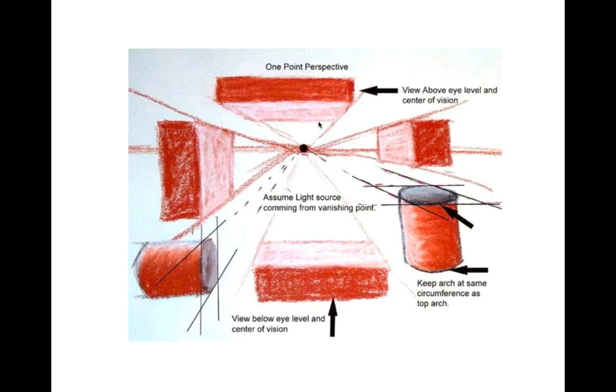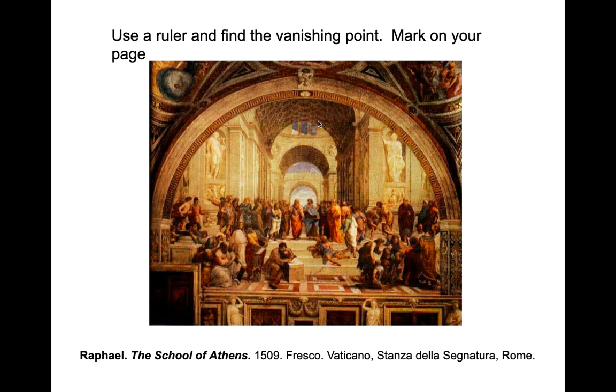Here's just another example so you can see some other types of drawings in one-point perspective. Now, if you have your packet, you can mark it on the page. If not, don't worry about it. We're just going to look for the orthogonals to determine where our eye level is and our vanishing point.